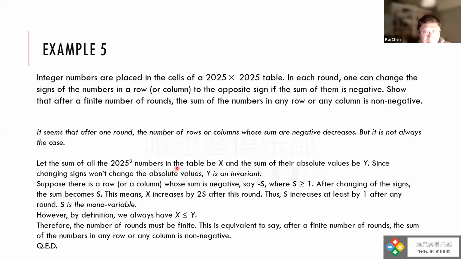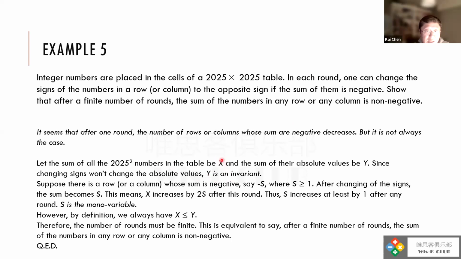Here we consider the sum of the absolute values, because changing the signs will not change the value itself. So out of these 2025 squared numbers, we just sum up the absolute values. Call it y. The absolute values are not changing. If you change the signs, the absolute value will not change, so y is invariant.